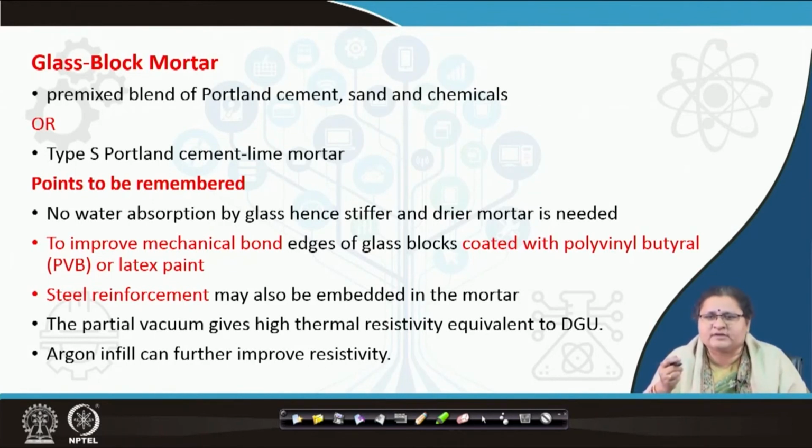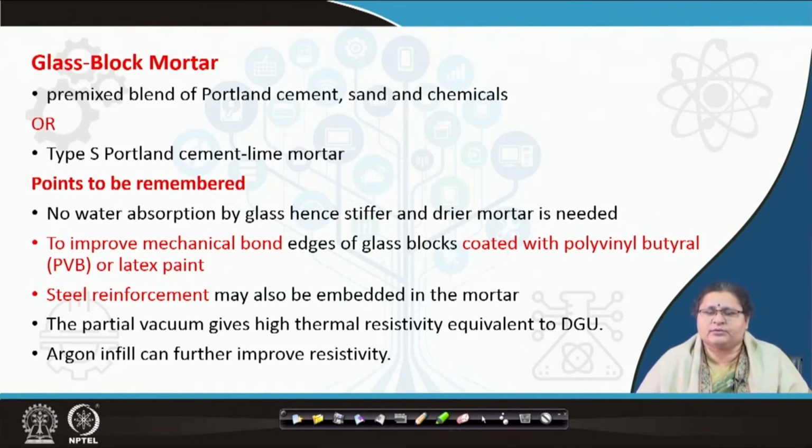These glass blocks, if you recollect from the previous lecture, have partial vacuums inside. It is air inside partially. So, these are very much equivalent to the double glazing unit. It is sealed when the two molds, two parts, are joined together, it actually locks in the air and it acts as a DGU.